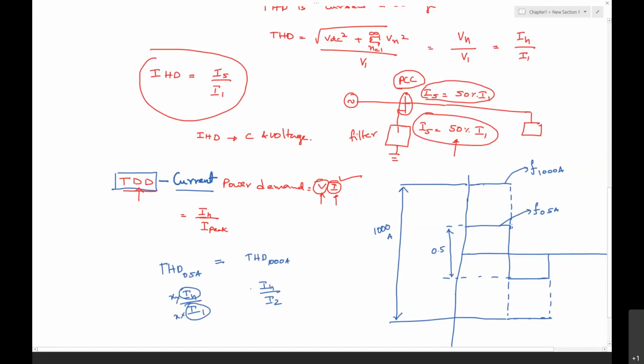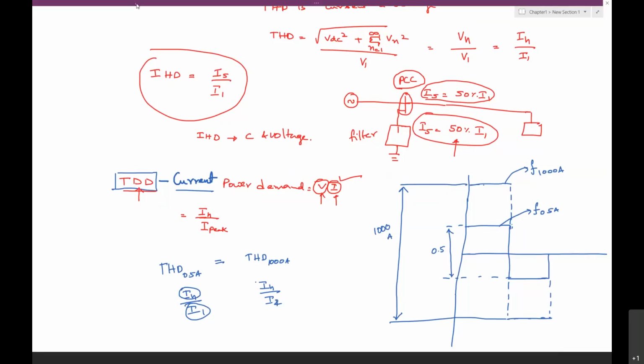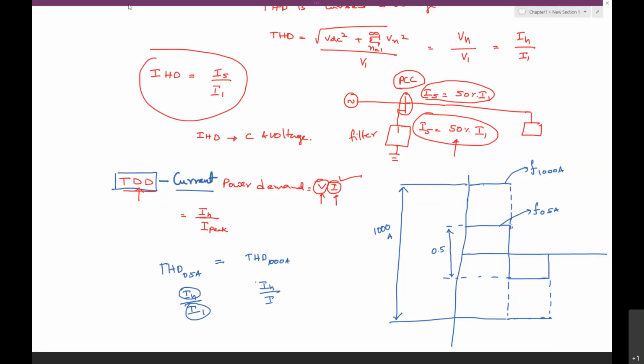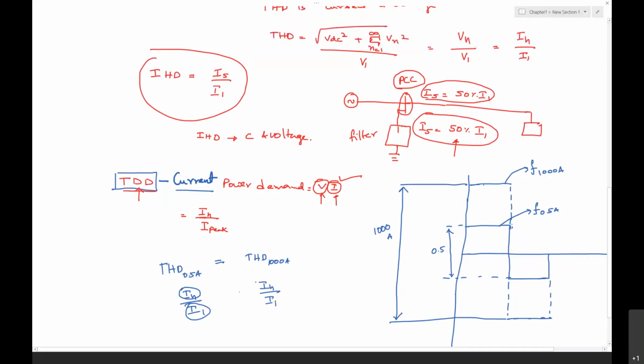Maybe with respect to the 0.5 amperes and with respect to the 1000, the numerator harmonic content and the denominator harmonic content will be the same only, just the factor is there.